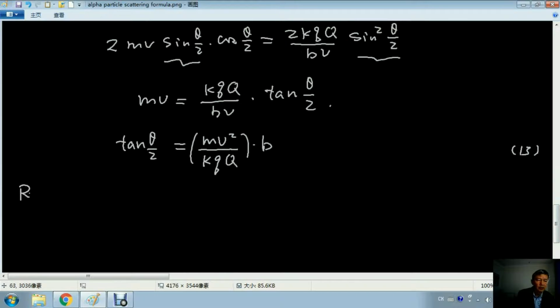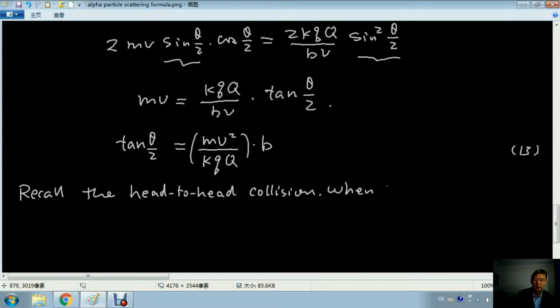So also recall the head-to-head condition. When b equals 0, the initial kinetic energy is totally converted to potential energy.